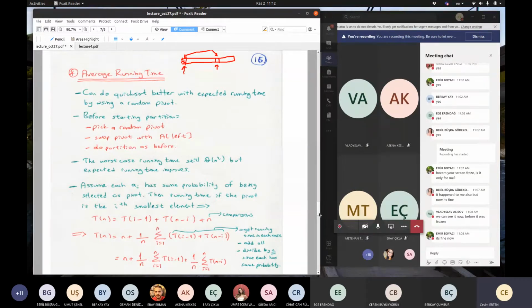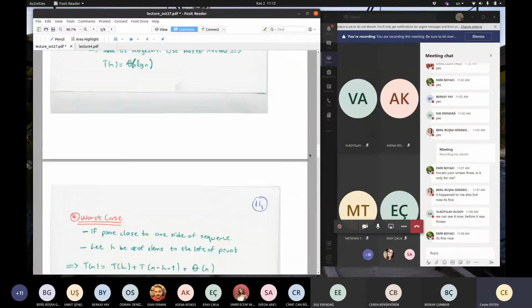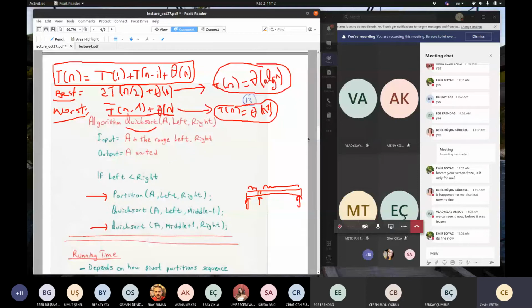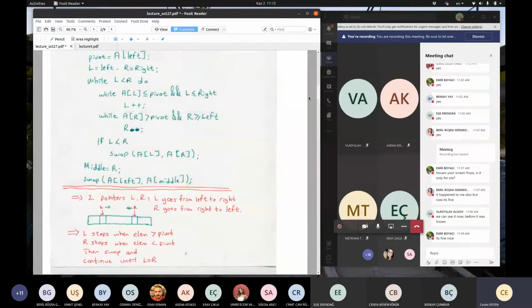Okay, so we can actually show this on the pseudocode as well. Let's view the pseudocode for the partition algorithm.